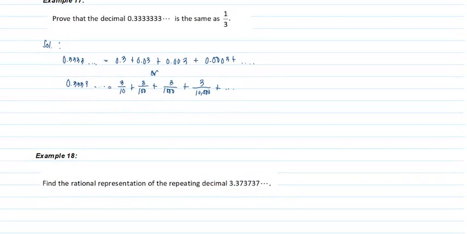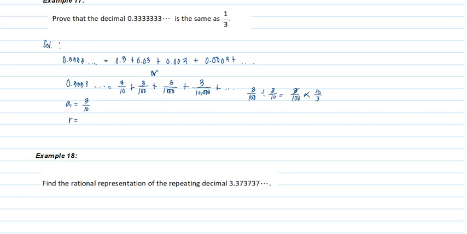So we would recognize this as a geometric series by identifying the variables. So for this case, a sub 1 now would be our 3 over 10, because that's the first value that we have. Then the common ratio is obviously going to be the value we get when we divide 3 over 100 by 3 over 10. So if we do that, 3 over 100 divided by 3 over 10 is going to be 3 over 100 times 10 over 3.